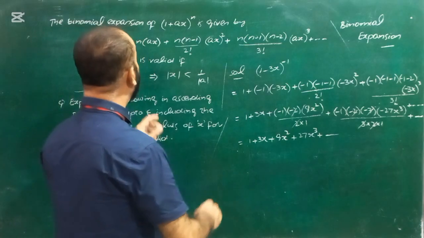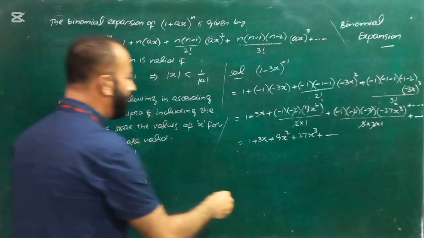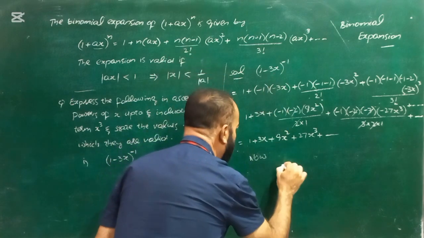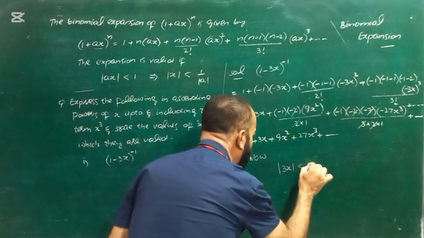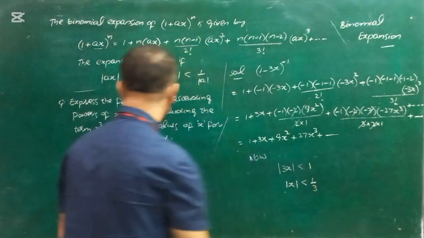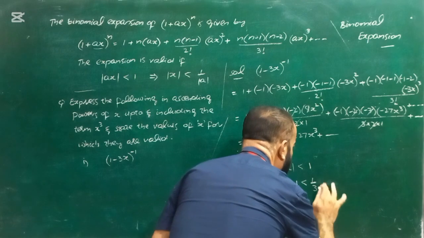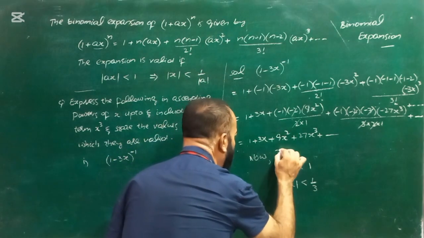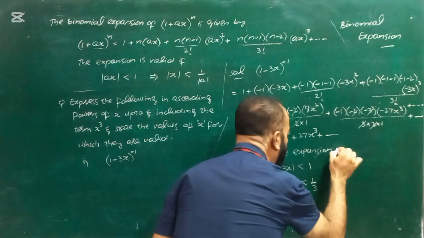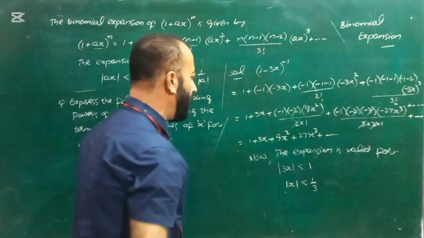So look now, you have to take this factor that is written here, and it must be less than 1. So |3x| is less than 1, and |x| is less than 1/3. So the expansion is valid for these values. This is the answer.